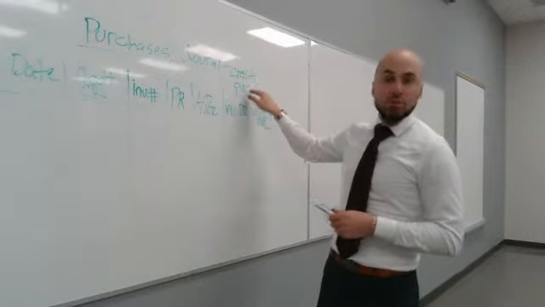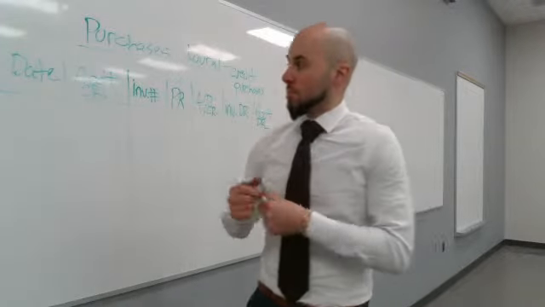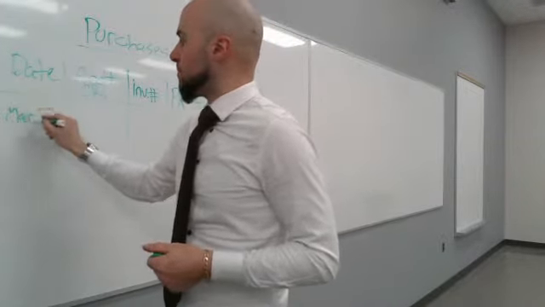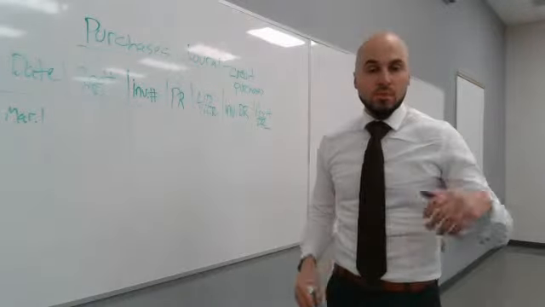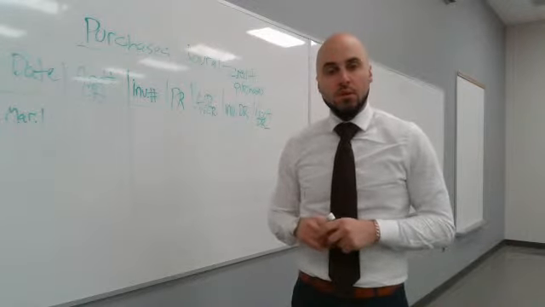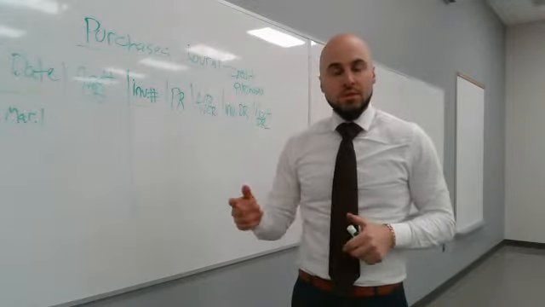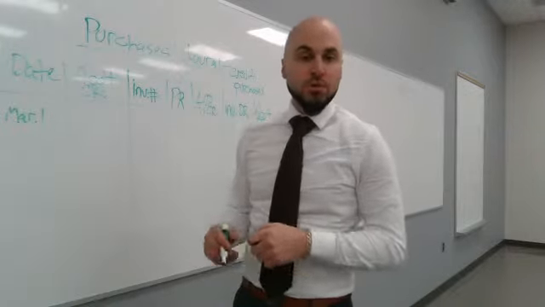So all credit purchases. Now we're purchasing from our vendors. March 1st, we are purchasing from Sam, George, Stacy, those three. On March 1st, we purchased from Sam.